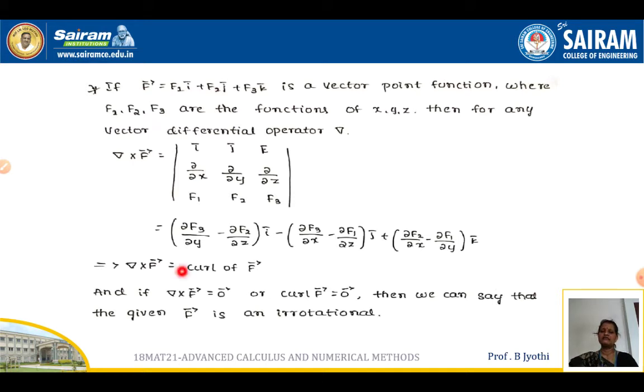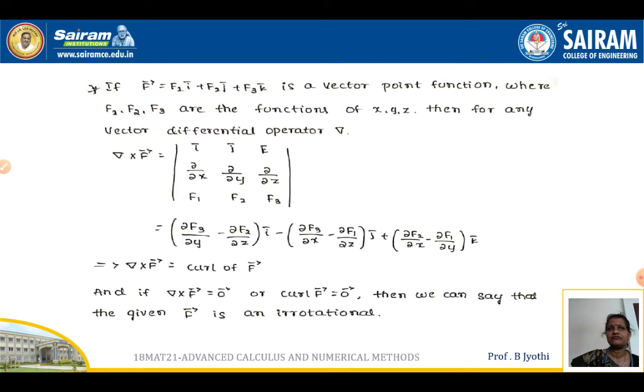And if the curl of f is equal to 0, then we can say that the given f is irrotational. So I have discussed some of the operations, that is grad phi or del phi, div of a vector and curl of a vector.